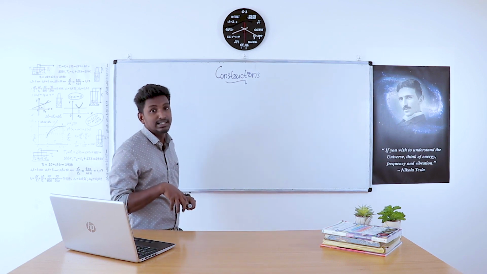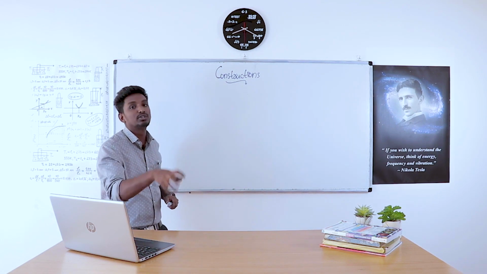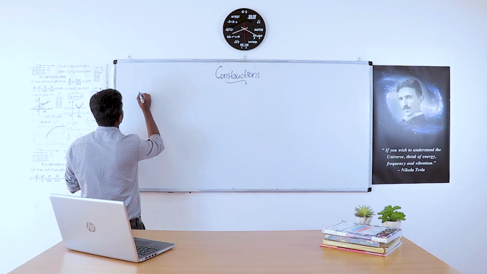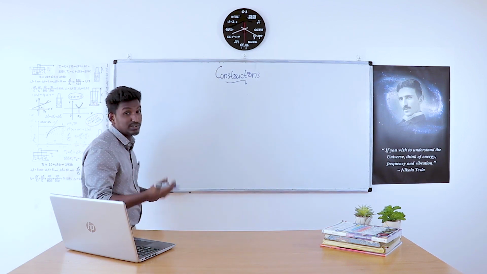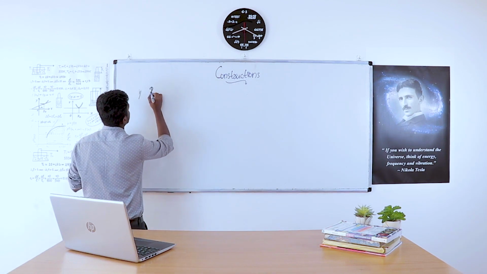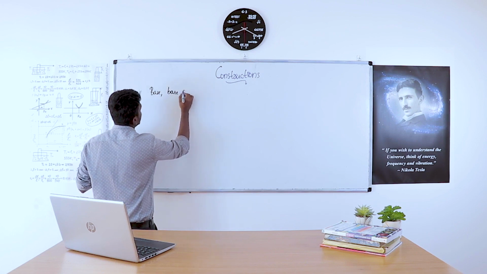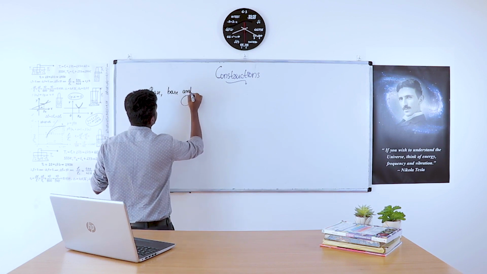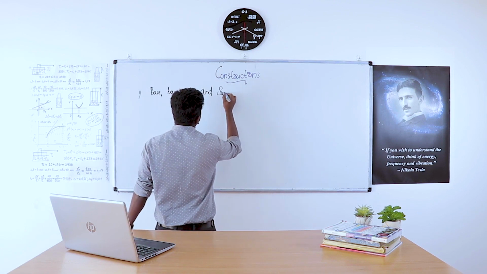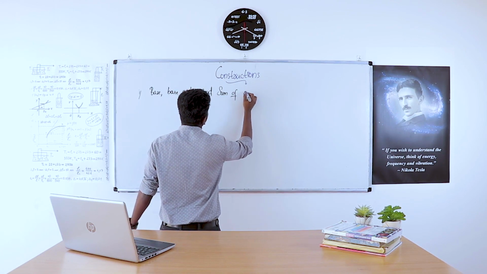When some conditions are given, according to the conditions, we have to draw a triangle. So the first condition is when you are given the base, base angle and sum of other two sides.